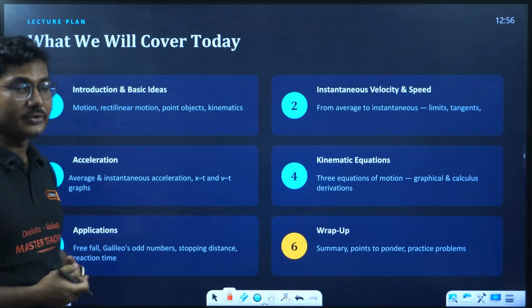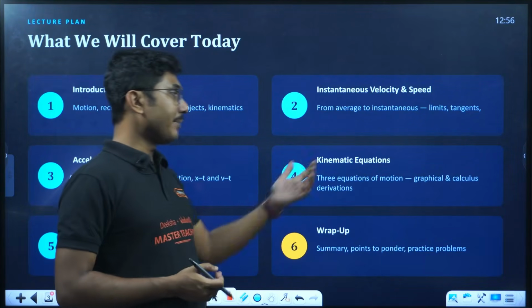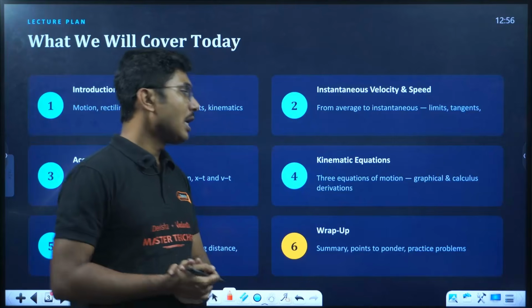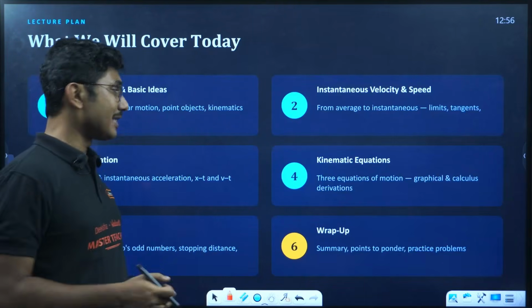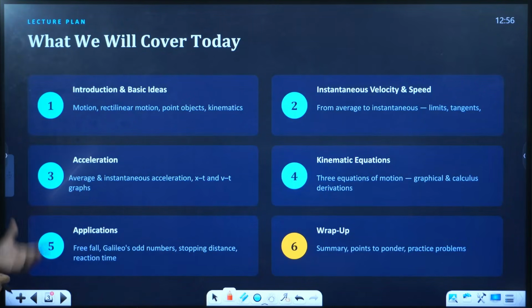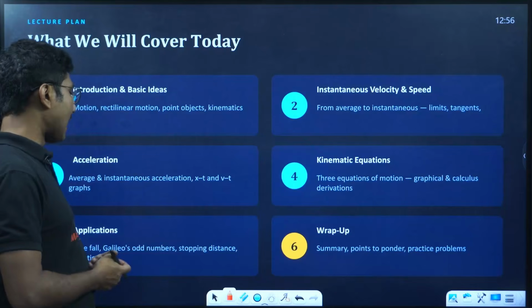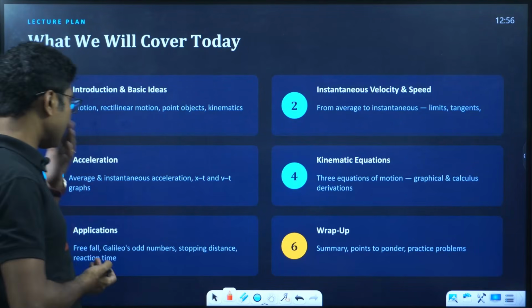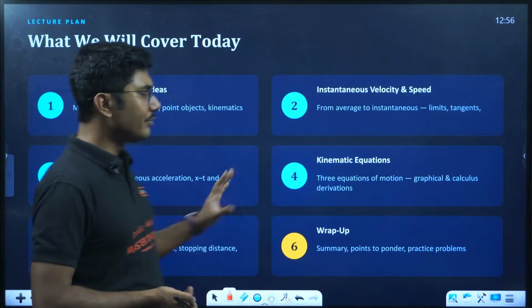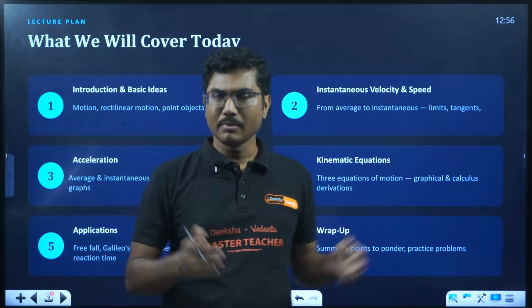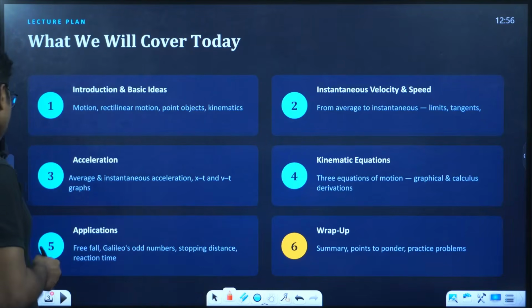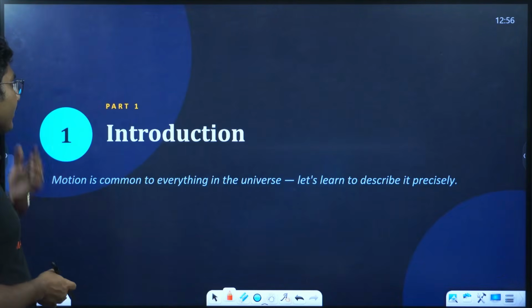Kinematic equations, three equations of motion, graphical derivations as well. Then we will discuss applications, free fall, Galileo's numbers, stopping distance, etc. And lastly we will look into the summary and some questions. So this is the session today. Let's start with the introduction.